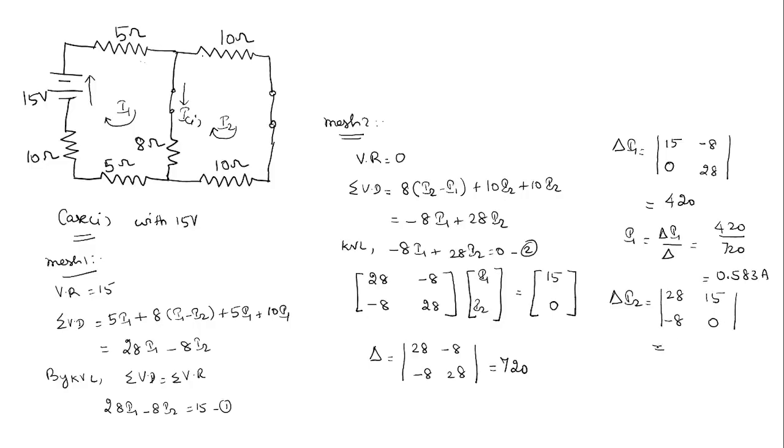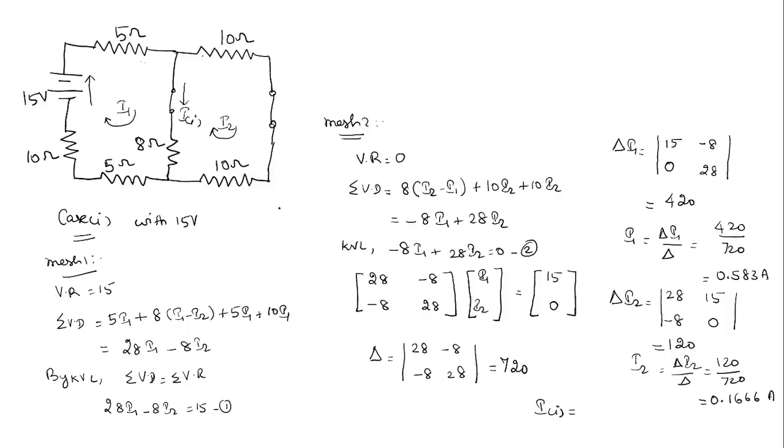So this delta I2 will be equal to 120. So I2 will be equal to delta I2 divided by delta. So 120 divided by 720. So this will be equal to 0.1666.